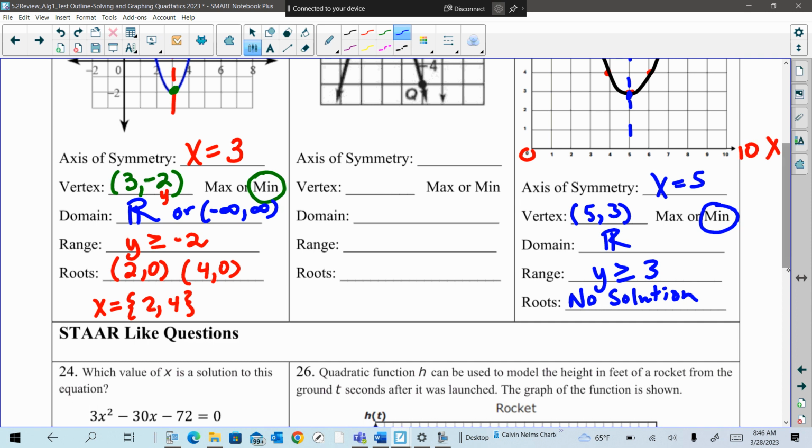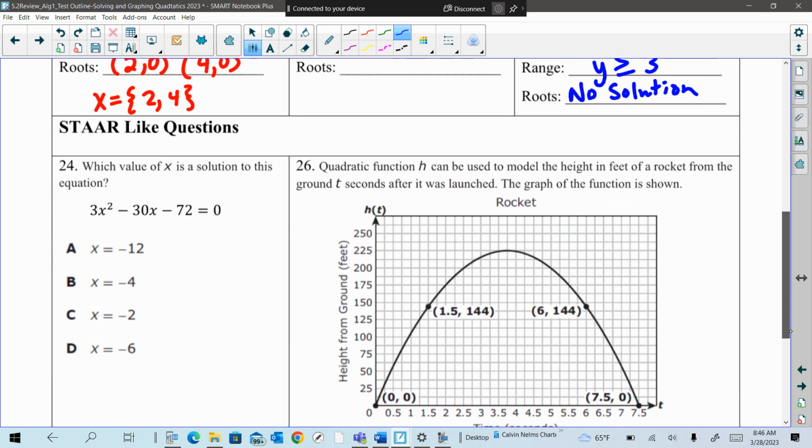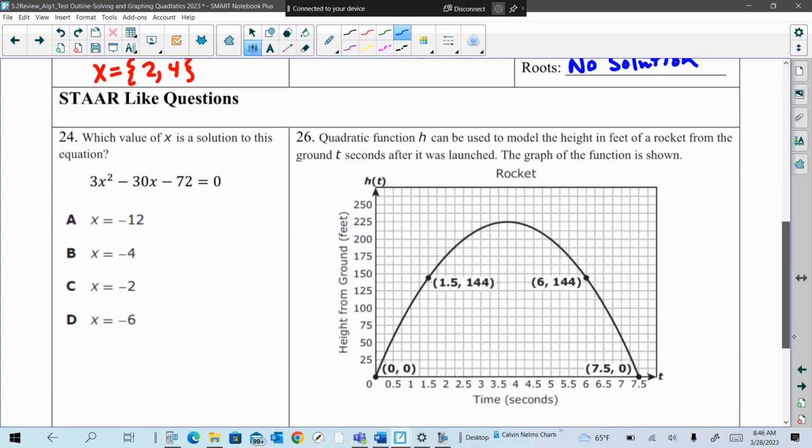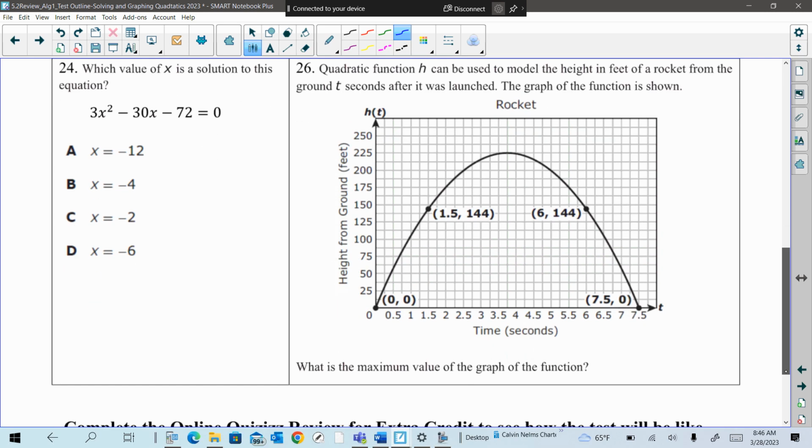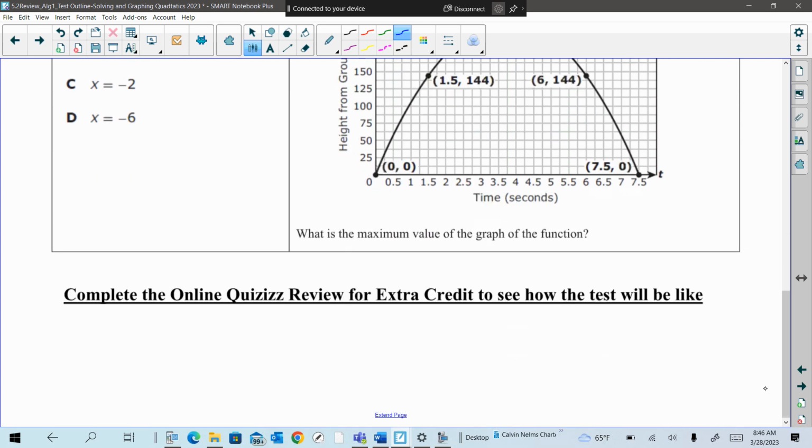All right, so then what I did here is gave you some STAAR-like questions over our content, one factoring, one graph that you can read and interpret. And here's where you're going to really focus to prepare. At the bottom here, it says complete the online Quizizz review. This will be extra credit, and also to see how the test will be like.